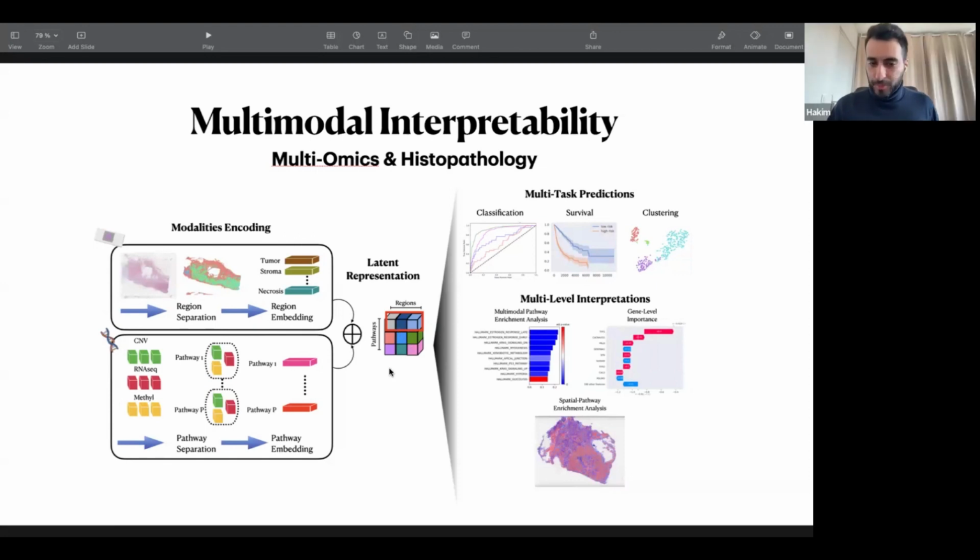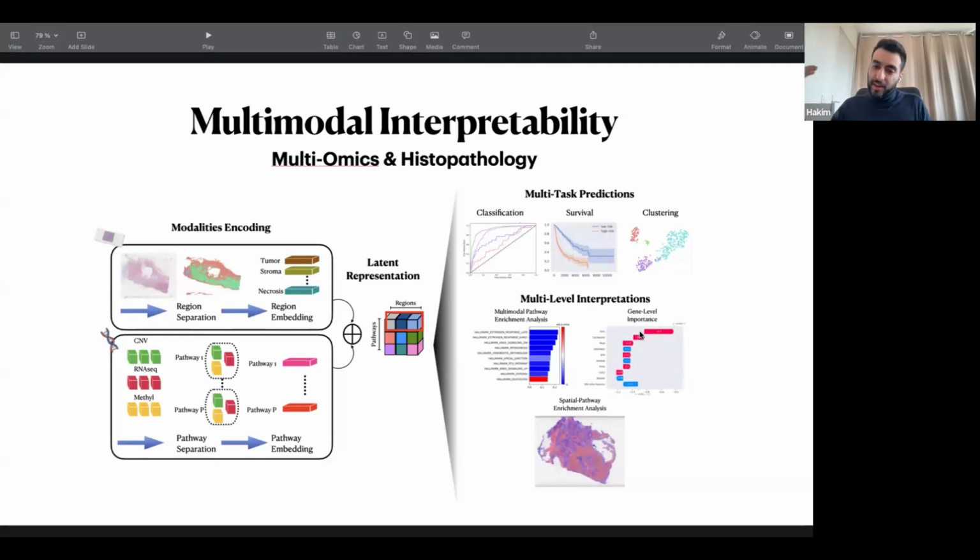Okay, so this latent representation would then be used for different prediction tasks, like classification, survival, or clustering. And we would still have multiple levels of interpretation, going from multimodal pathway enrichment analysis, which is a gene set enrichment analysis but with the added signal of the histopathology, which can quite change the tendency of this gene set enrichment analysis.